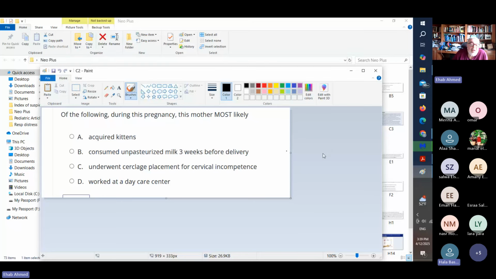No, it makes the mother... Herpes, HSV? No, HSV is a venereal disease. No, it's a fungal infection. And worked at a daycare center.